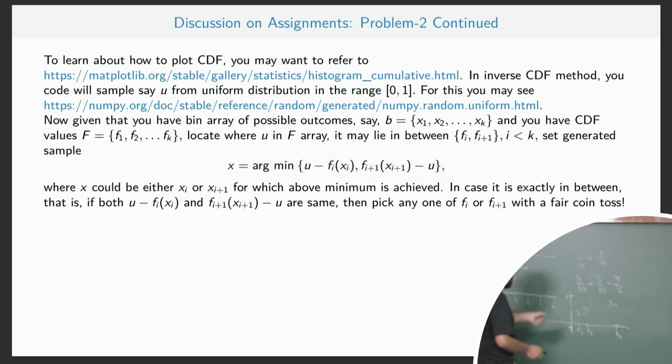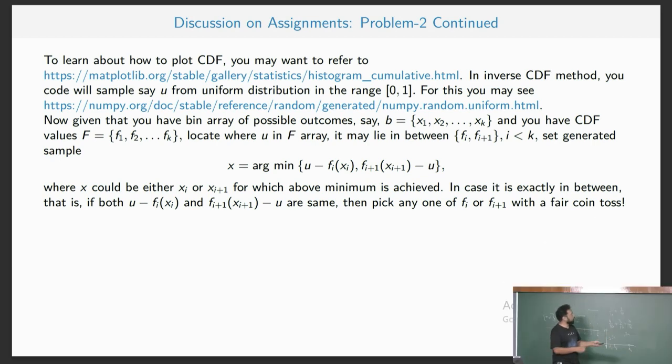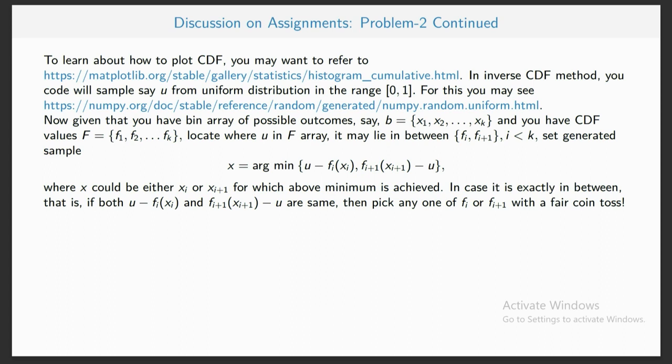So these are f of x2, right? f2 depends on x2, f1 depends on x1. In general, I have written f_i takes x_i as argument, f_(i+1) takes x_(i+1) as argument, and I am checking whether u is closest to the CDF value f_i or to f_(i+1). I have reversed this sign because this is necessarily greater than this, and this is necessarily greater than this.